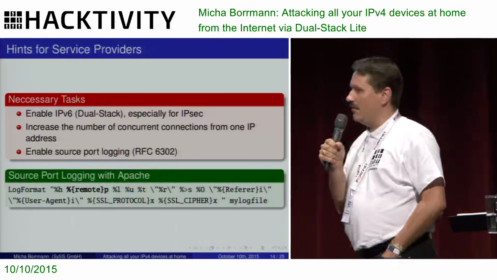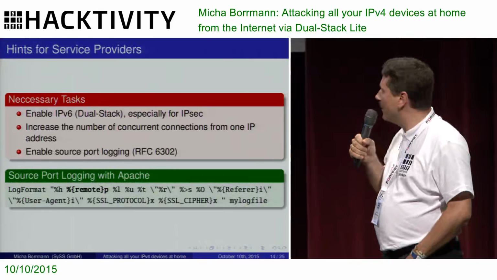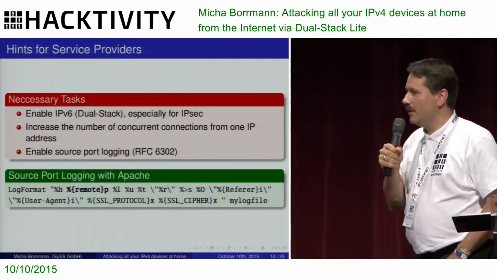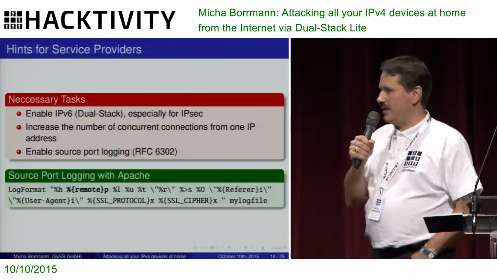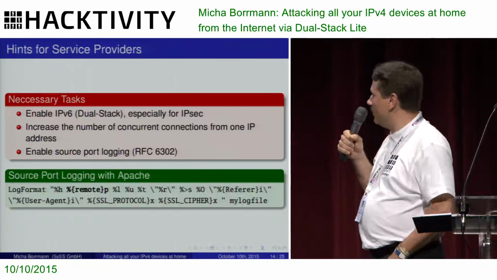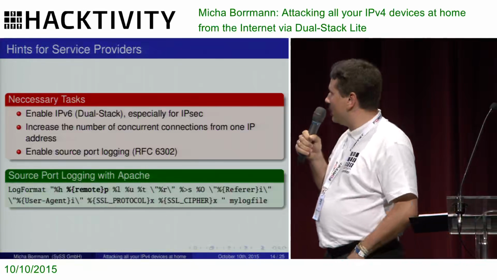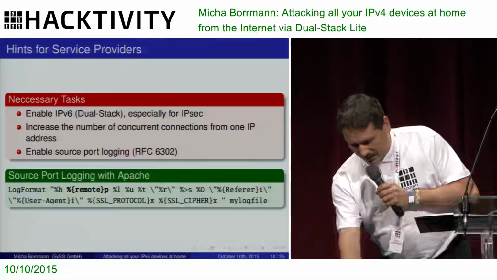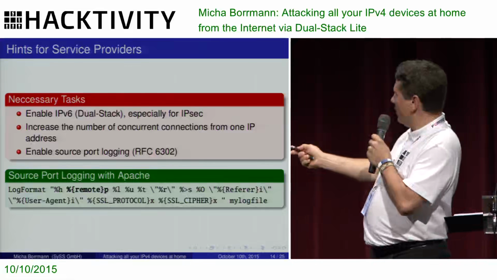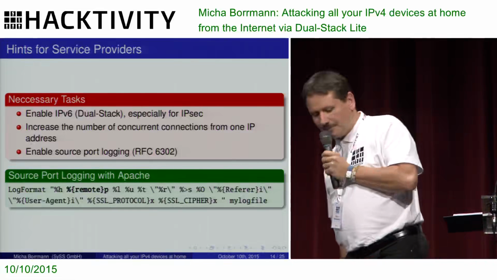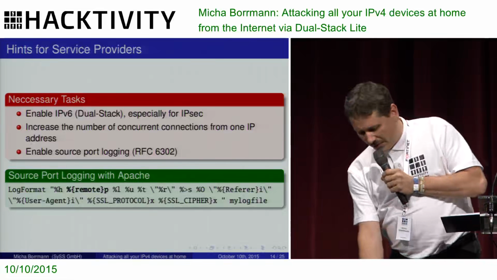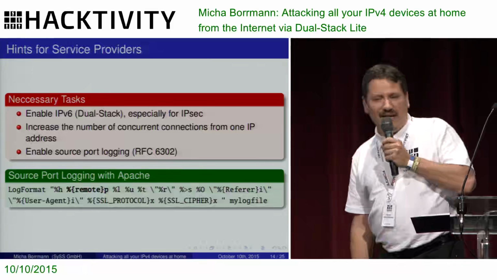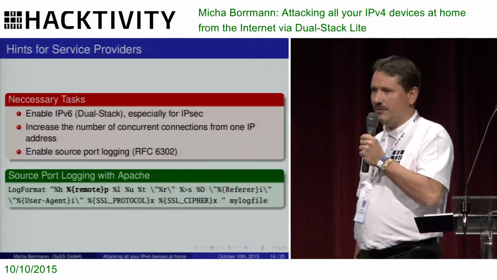And if you have IPv4 as well, you should enable source port logging. There's also an RFC, which is required for sharing IP addresses. Here's an example, if you are running Apache, how to activate the source port logging. It's very simple. If you have strange traffic and you'd like to identify what the client was, usually you need the help of the police.